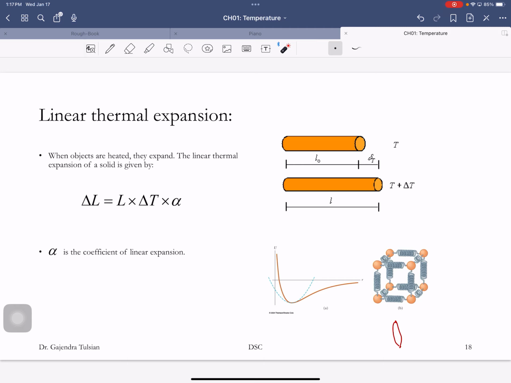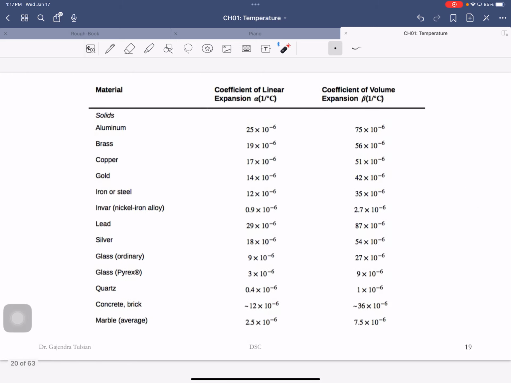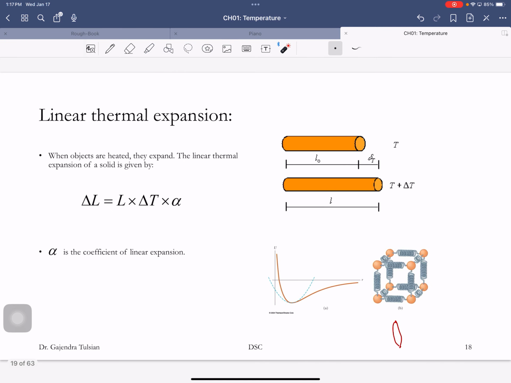Okay, so let's see how big this number is. These numbers are important enough that they give you tables for them. If you're a material scientist, or any kind of engineer, you'll be interested in this. The coefficient of linear expansion for aluminum is 25 times 10 to the minus 6. What this means is the following. Let's say this is 1 meter, and we heat an aluminum rod by 1 degree Celsius.